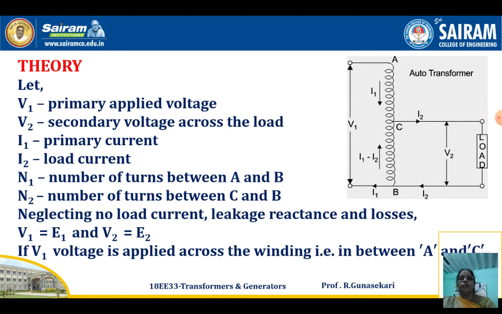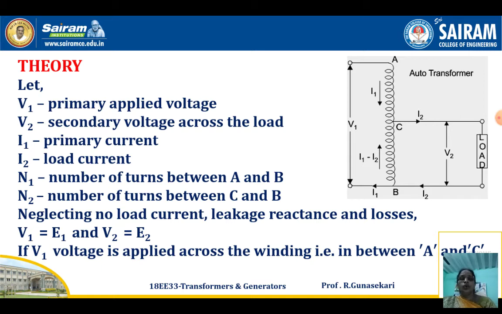N2 is the number of turns between C and B. I told you about the common terminal. That means some part of the winding is common to both primary and secondary winding. Here BC is the common part of the winding, which is common to both primary winding and secondary winding.